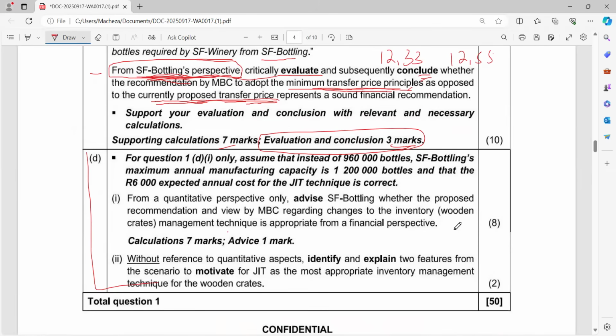But we can do it if you just want to see. Let's do D and see what exactly we are required to do there. But remember, we never did this topic in our class, that's why I'm trying not to do it.